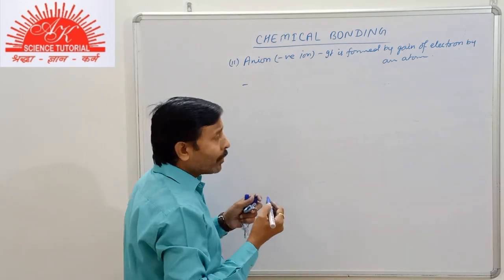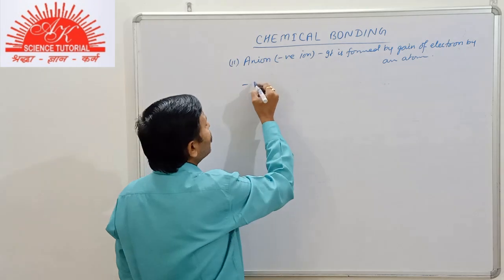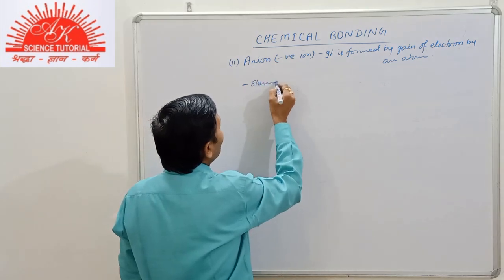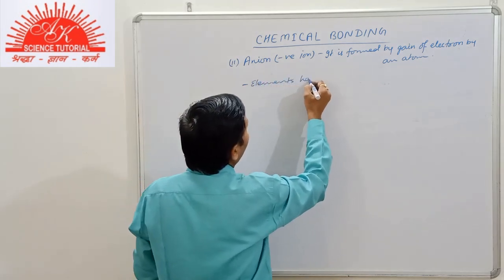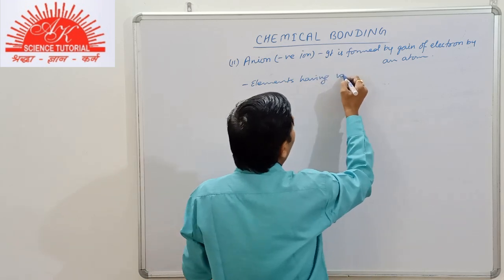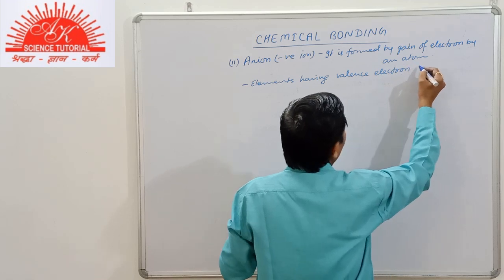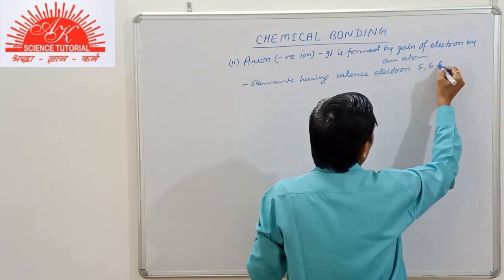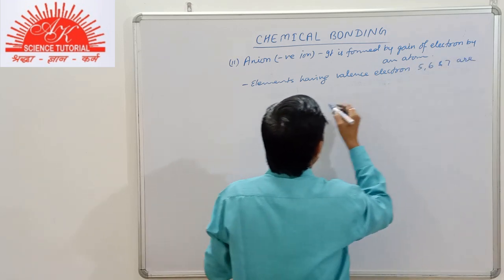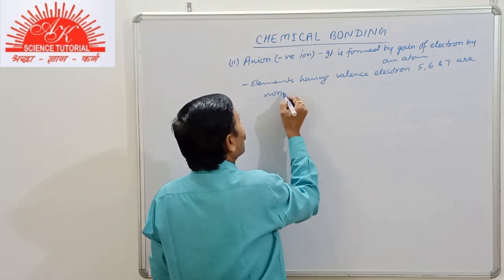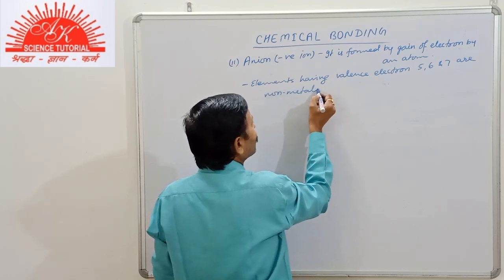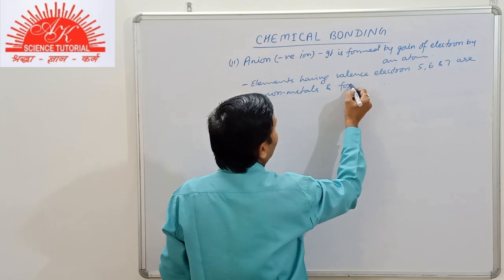As we have discussed earlier, elements having valence electrons 5, 6 and 7 are non-metals and form anion.